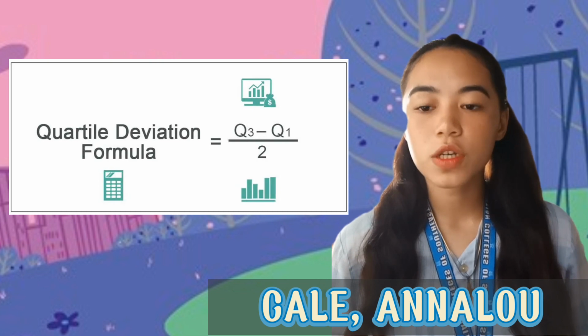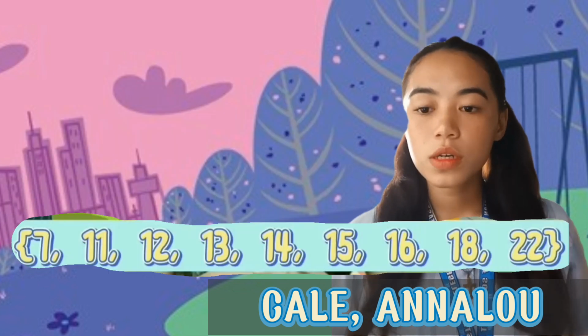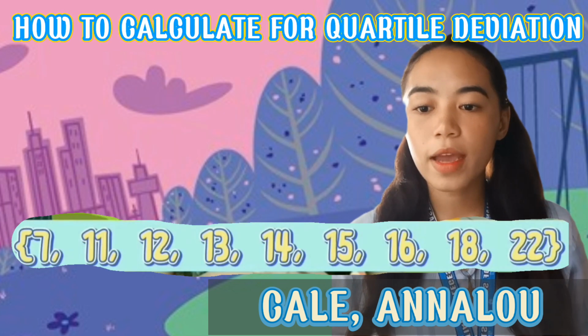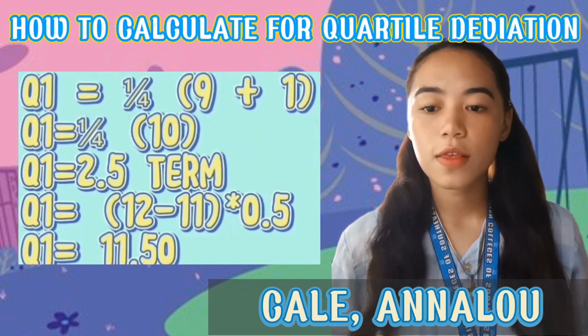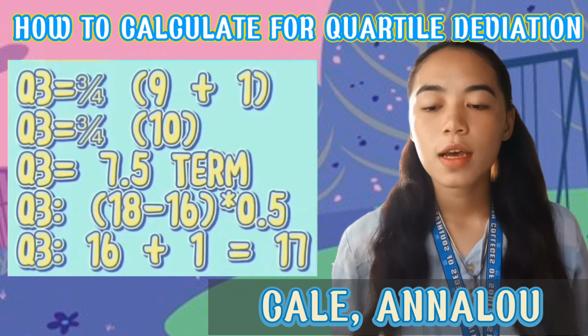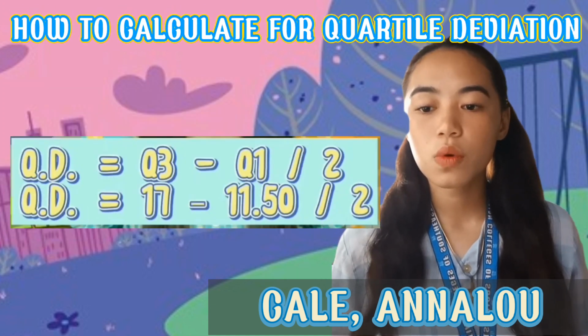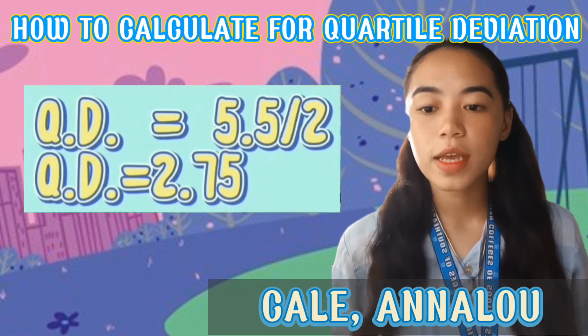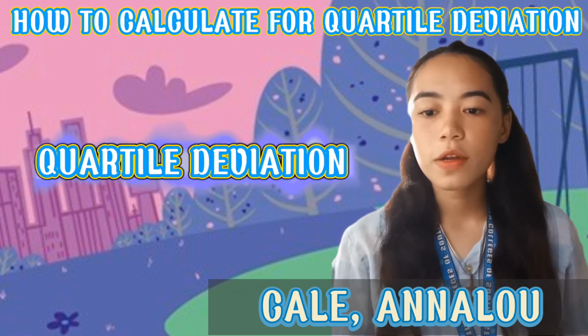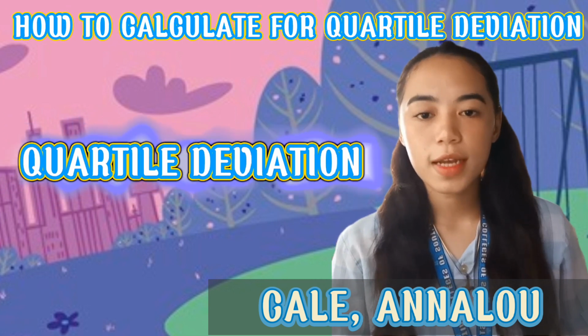So, to calculate quartile deviation, first, determine Q1, then determine Q3, then subtract, and last divide by 2. For open-ended data, this is one of the best dispersion strategies.